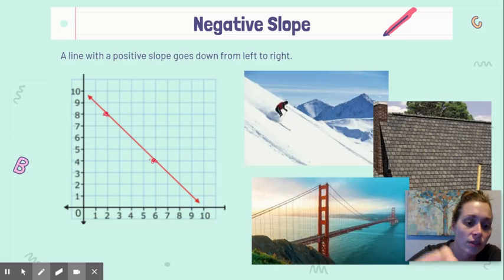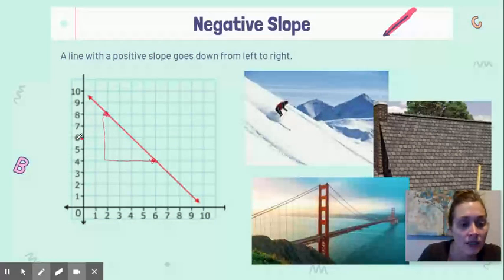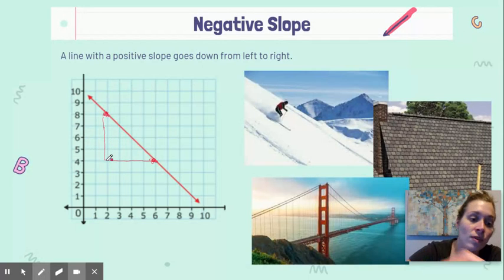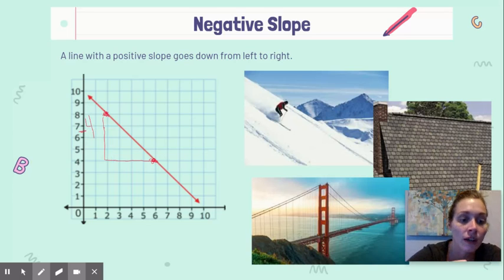So pick 2 actual coordinate points here where those grids meet up. Do your rise over run. So in mine, I'm going down and then over. And we can see I'm going down 1, 2, 3, 4. Since we went down 4, I have to make the slope -4. And then over 1, 2, 3, 4. So I can say my run is +4.